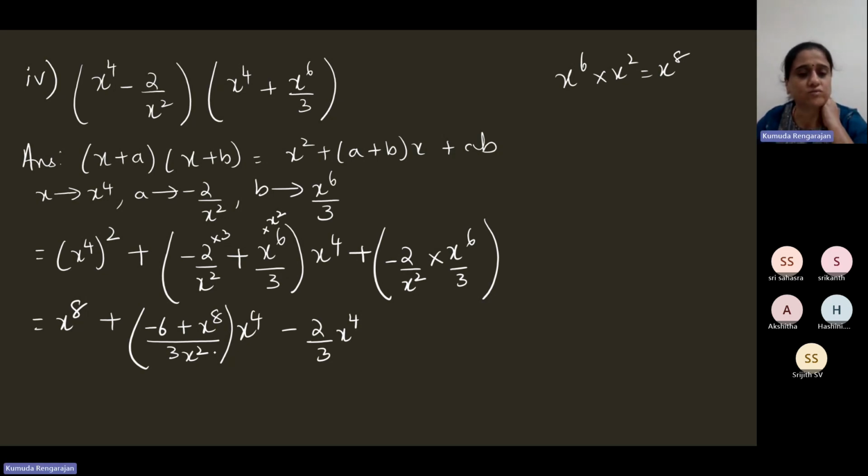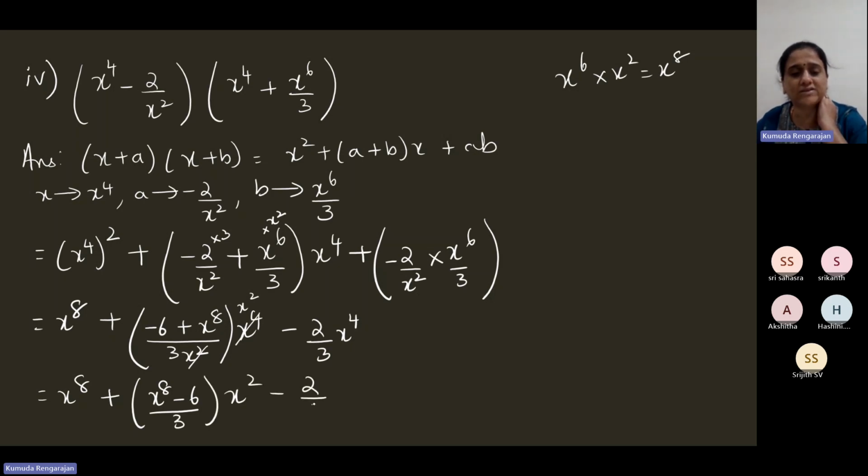Power 4, power 2, so 4 minus 2, 2. So x squared will remain here. So it is x to the power 8 plus, I'll just write what is here: x power 8 minus 6 by 3 into x to the power 2 minus 2 by 3 x to the power 4.